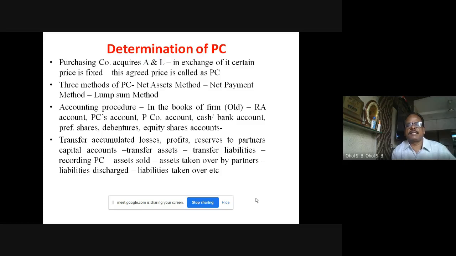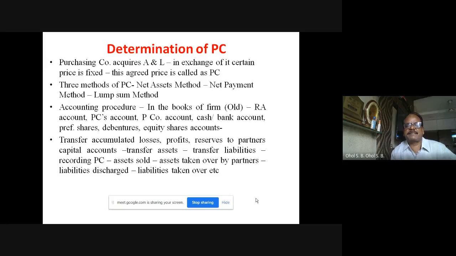So revised value of plant and machinery, land and building, furniture and picture, whatever may be the assets which are revalued, and those which are not revalued are to be taken at book value. That is net assets less net liabilities, which are given, and the PC is to be calculated according to the net asset method.